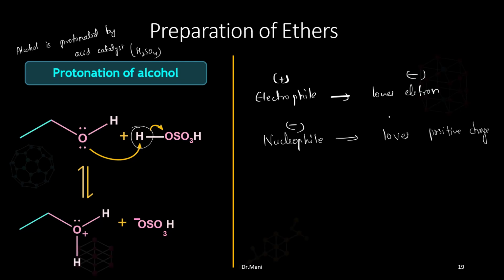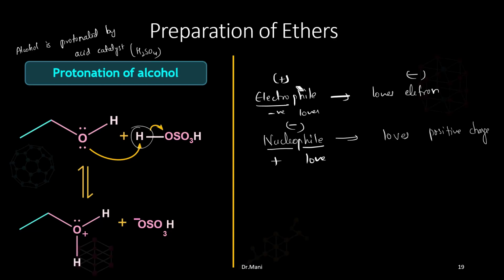Just don't confuse them. Electrophile means it is not a negative charge, it is a positive charge, and it likes the electrons, the negative charge. Nucleophile means it loves the positive charge, that's why it is a nucleophile. Phile means love, nucleus means positive. So a positive lover should be negative, and a negative lover should be positive.